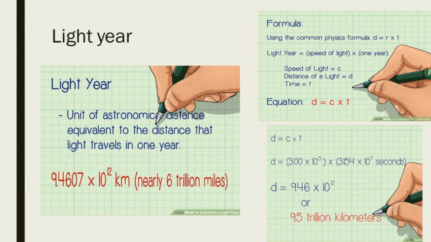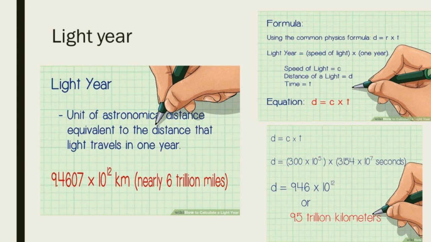So how can we derive it? By the formula: speed of light into distance traveled by light in 1 year. The speed of light is equal to 3 into 10 to the power of 8, or 300 into 10 to the power of 5. The time in 1 year is equal to 3.153 into 10 to the power of 7 seconds.